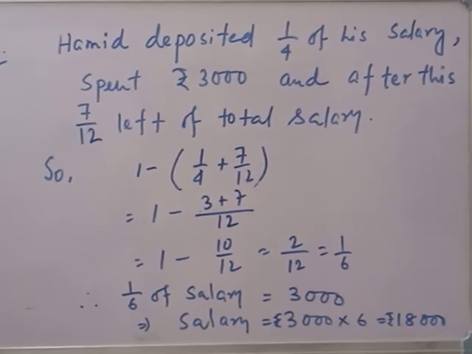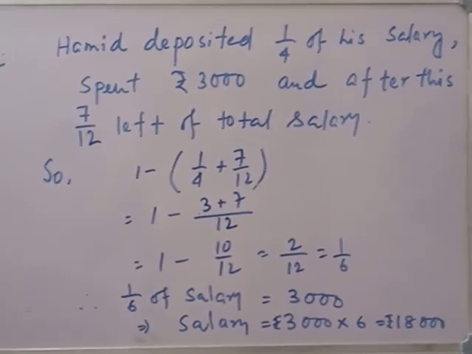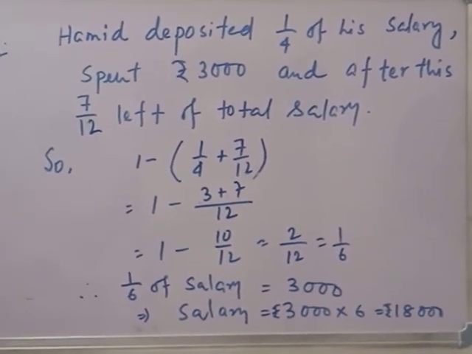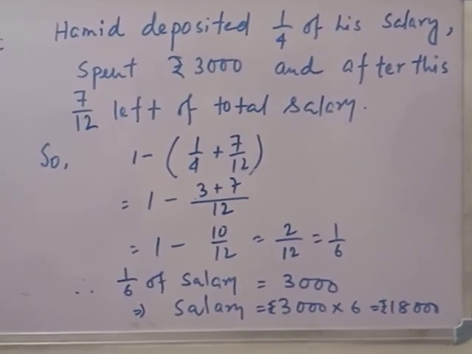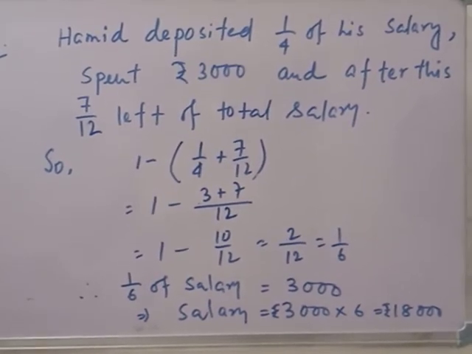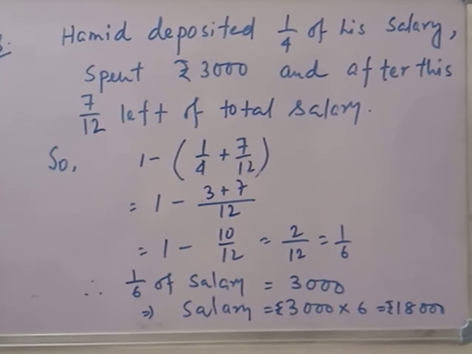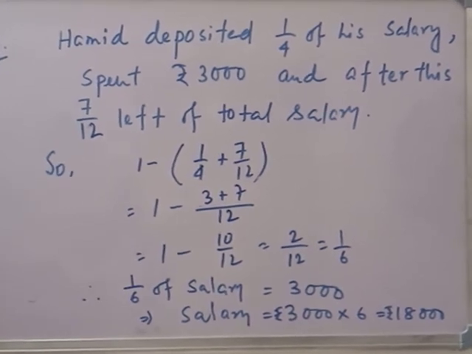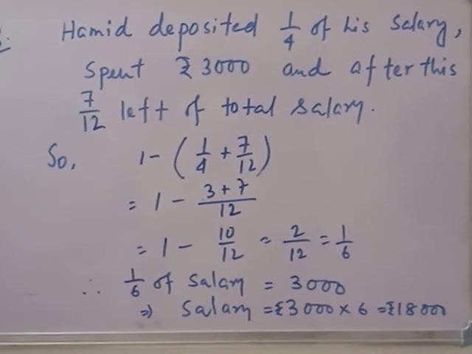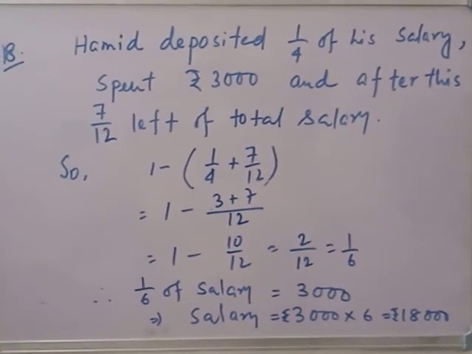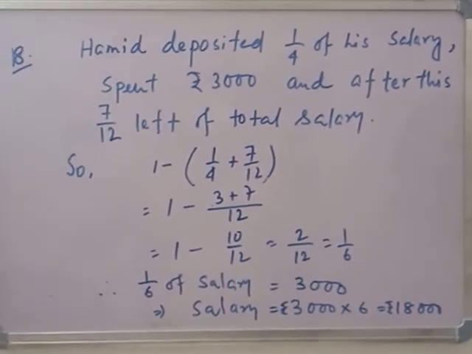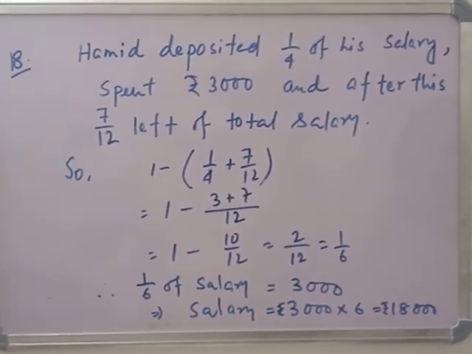So the spent portion is 1 minus 1 by 4 plus 7 by 12, that is 1 by 6 after calculation. So 1 by 6 of the salary is 3,000, that is spent. So the salary is 3,000 into 6, that is 18,000. Okay.